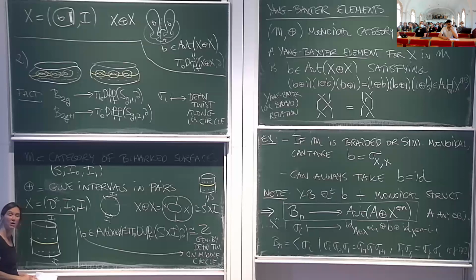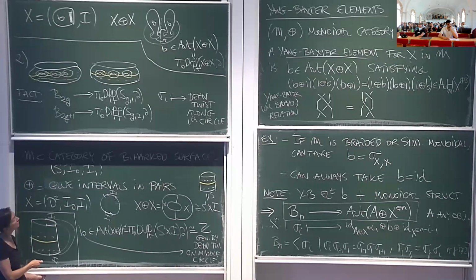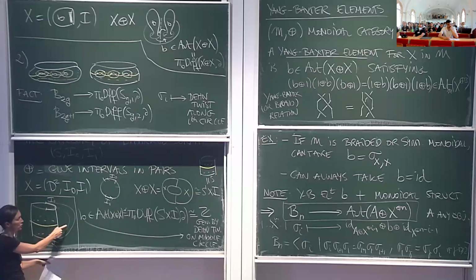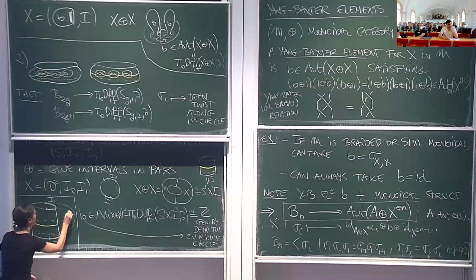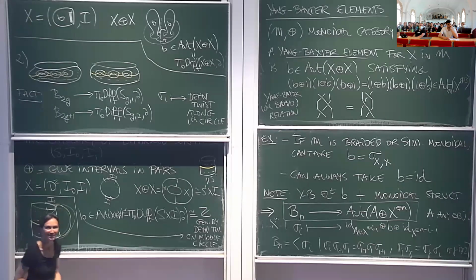It means that when I glue the next disk, we have to talk about the braid relation in 3 copies of X, the next disk is going to be here. And I'll get a surface of genus 1 with one boundary component. And the next circle is going to be here, somehow, something like this. It goes off the surface, but like this. Anyway.